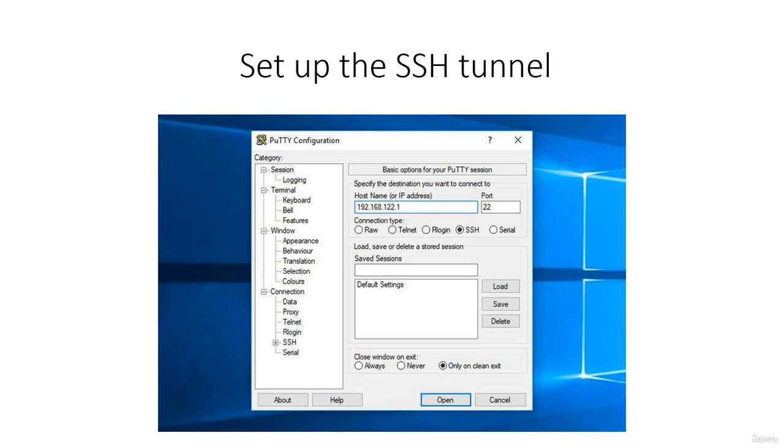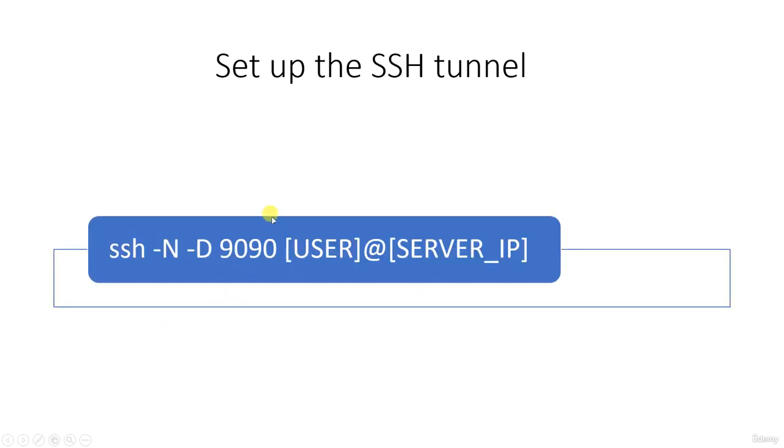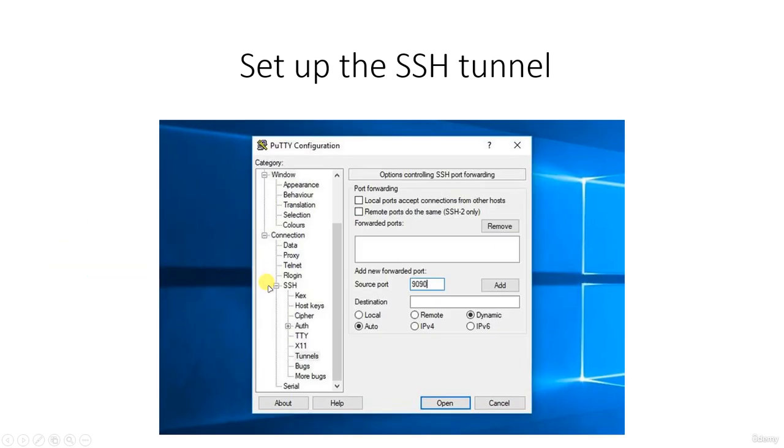Under the connection menu in this sidebar, expand SSH, select Tunnels, and enter the port in this field, 9090, as previously defined. Select the port 9090 in the source port field and check Dynamic.